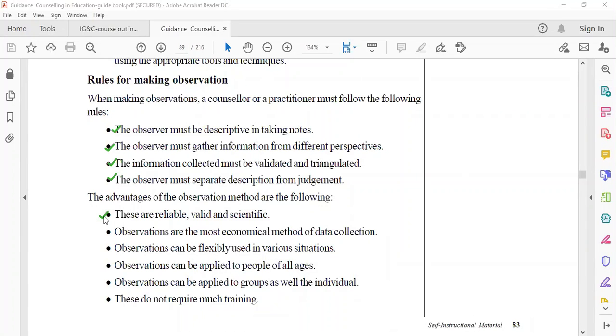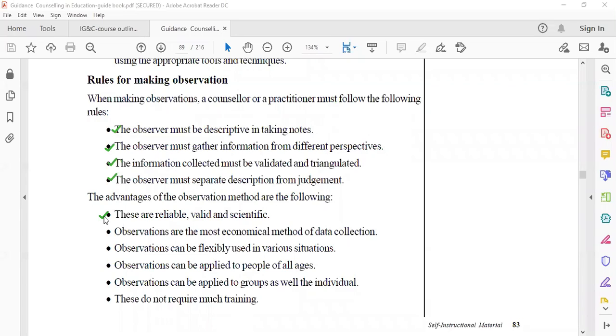But when we observe our student in a classroom, in a school setting, this information is more reliable, more valid, and more scientific, because it is bias-free, and the opinion of the student will not affect the observations. Whatever the teacher is observing is his neutral point of view only.